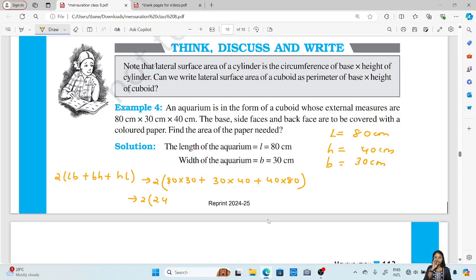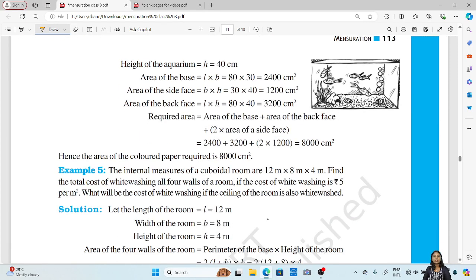Okay. So this if you multiply, 2400 plus 3200, if you add up, you'll get 6800.